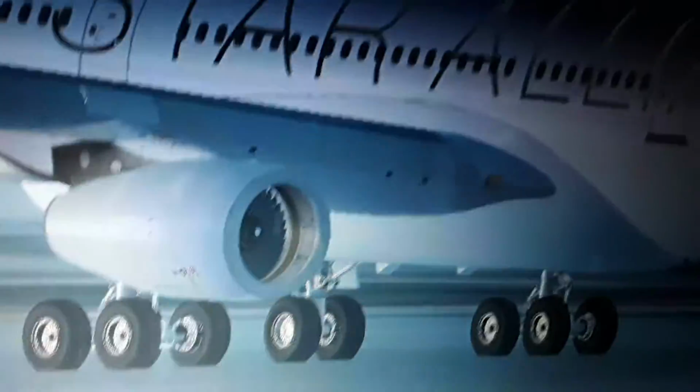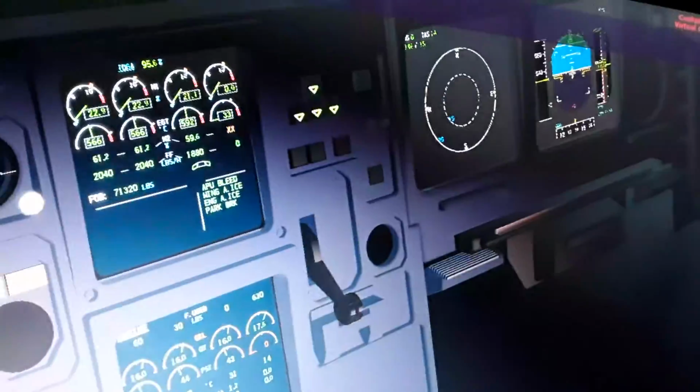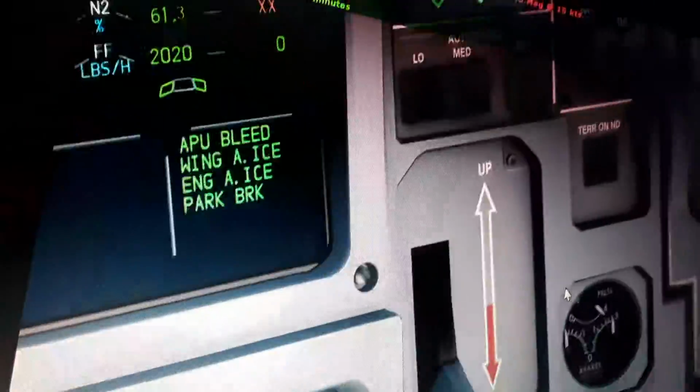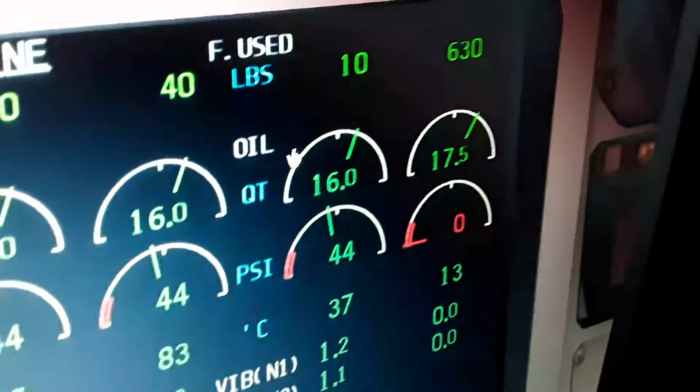Maybe you can see the spinner here. Yeah. You can see we have all engines except number 4, which I'm going to start right now. It's good to have 4 engines.